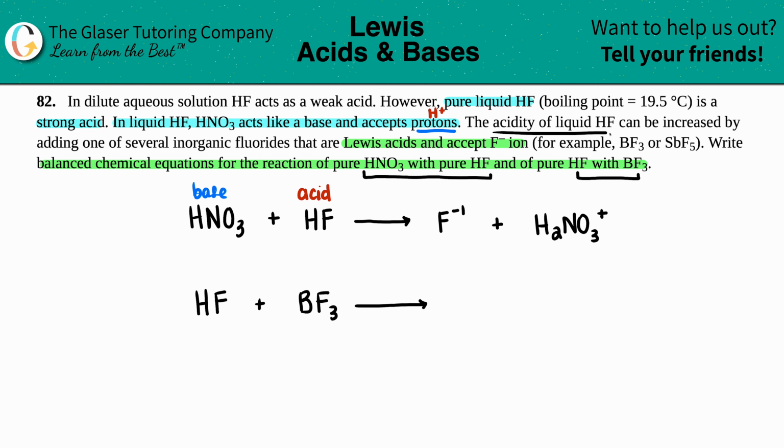It says the acidity of that pure liquid HF can be increased by adding one of several inorganic fluorides that are Lewis acids. And the Lewis acids are going to accept that F minus ion. For example, BF3 is going to act as the Lewis acid.